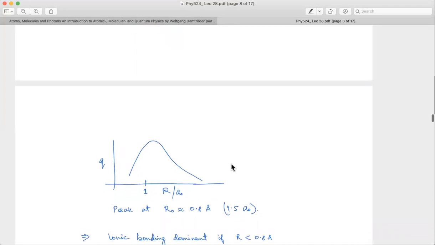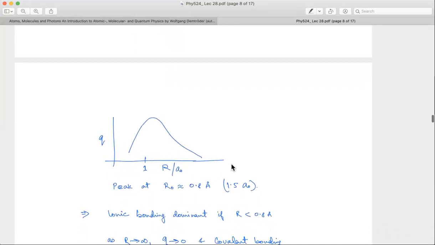Then I invert the game. Suppose R0 was given to me and I had calculated Q, without getting rid of lambda, which was a variational parameter. I am trying to see, as a function of R, where the ionic part will dominate and where the covalent part will dominate.